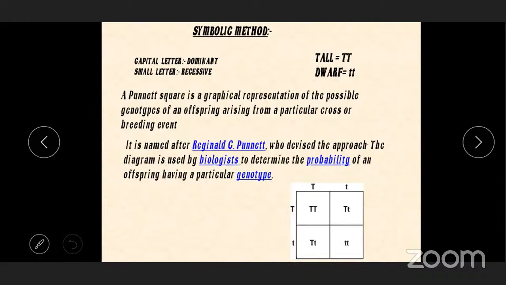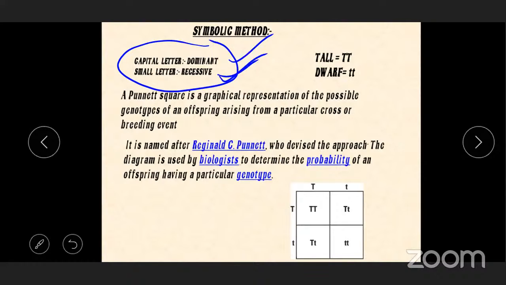Here, a capital letter indicates the dominant character, and a small letter indicates the recessive character. These two are most important. If there is a capital letter, that is the dominant character; a small letter is the recessive character.